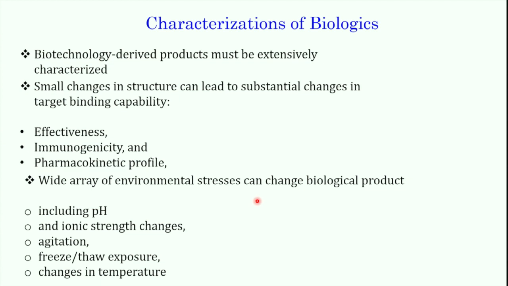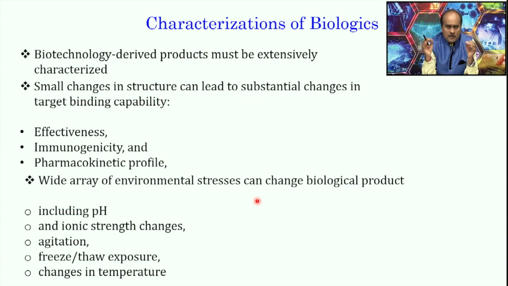Now typically, the characterization of biologics drugs requires many parameters to be controlled, because they come from biotechnology, right? They are coming from an animal source or plant source. They are derived using biotechnological tools, right?